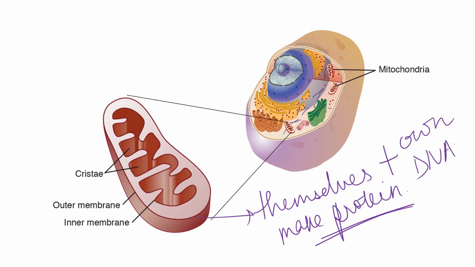That's why, even though they are inside the cell, yet they are very independent. They create their own proteins. They are not dependent on any nucleus or any rough endoplasmic reticulum, because they generate it by themselves. That's why they are so powerful, right?